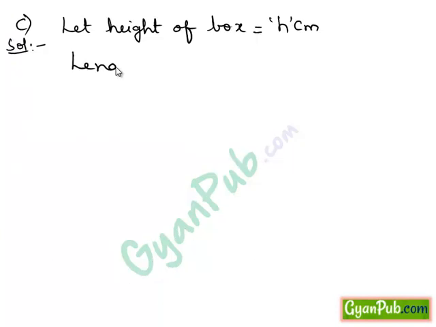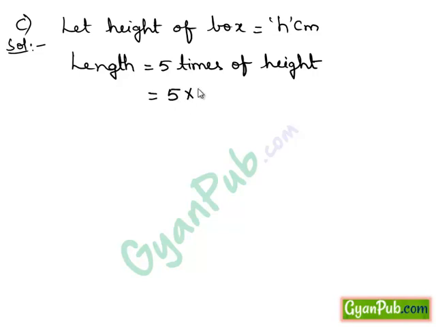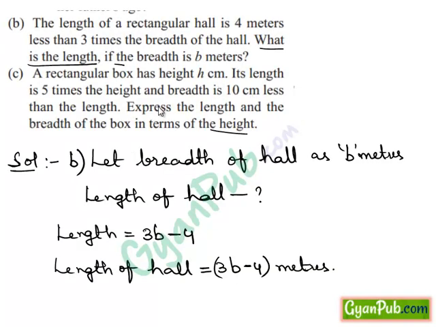So length is equal to 5 times the height, which is equal to 5 into h. Therefore, the length of the rectangular box is 5h centimeters.